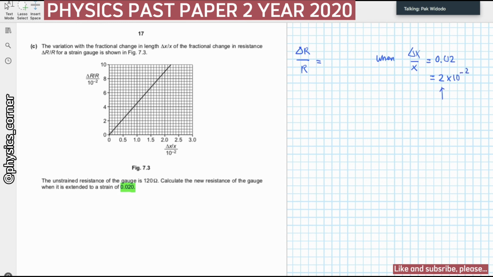So we can see that here it is 2, because this is in terms of 10 to the power negative 2. Delta R over R is about in the middle, between 8 and 10, which is 9. So here is 9 times 10 to the power negative 2. From this, we go to here from the graph.